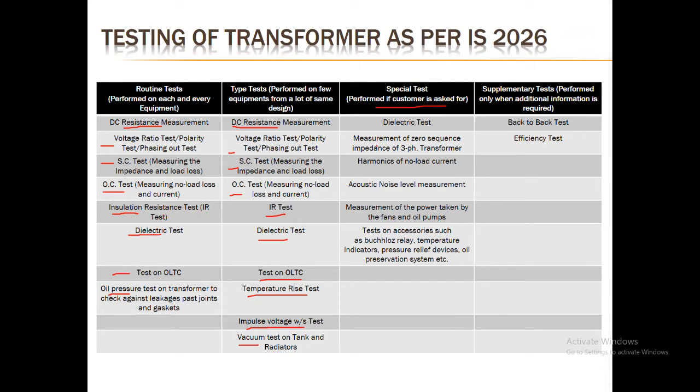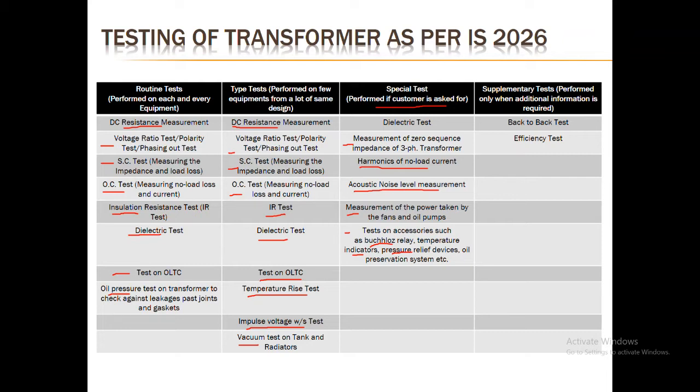It includes measurement of zero sequence impedance of a three-phase transformer, harmonics of no load current, acoustic noise level measurement, measurement of power consumed by the fans and oil pumps, and tests on accessories like Buchholz relay, temperature indicators, pressure relief valves, oil preservation system, etc. These are the tests which normally the customer asks to conduct.